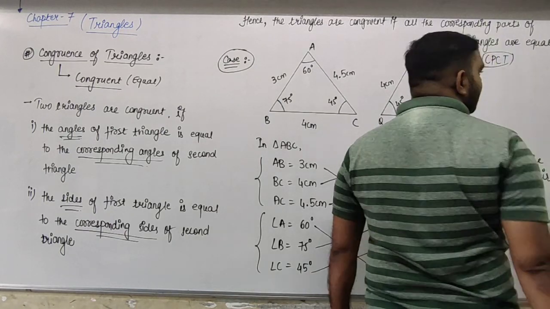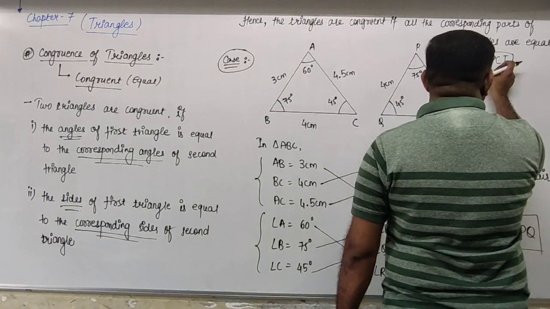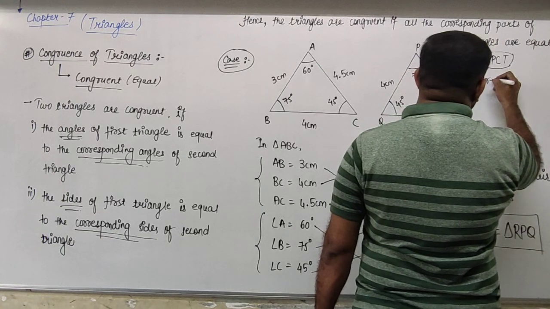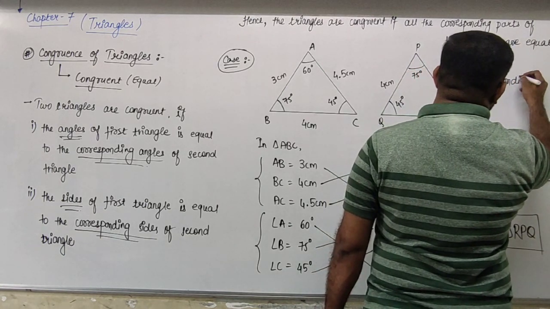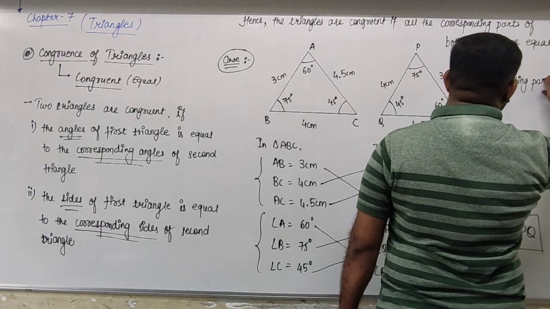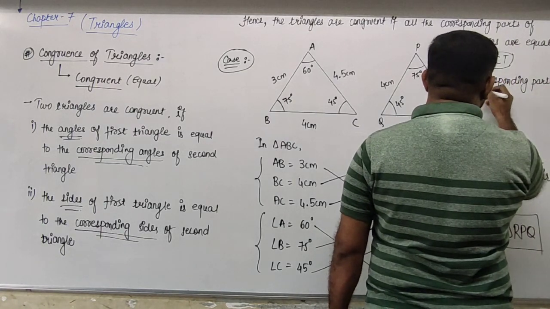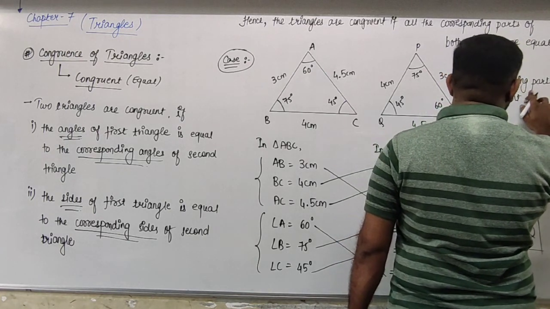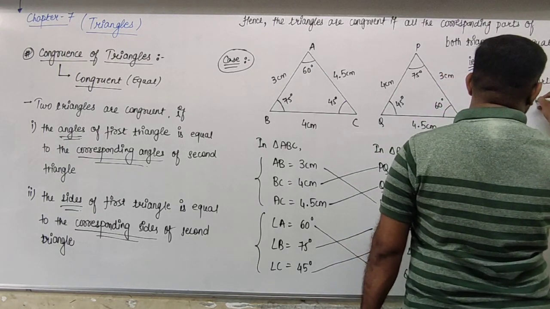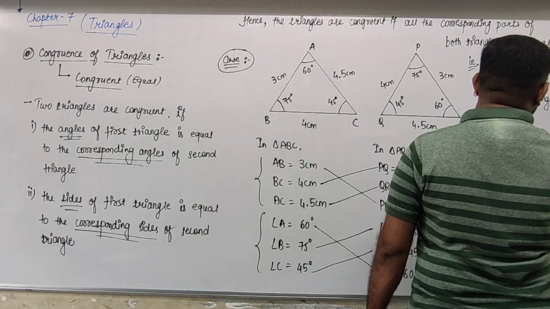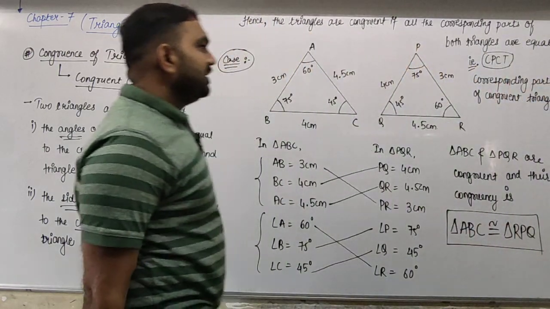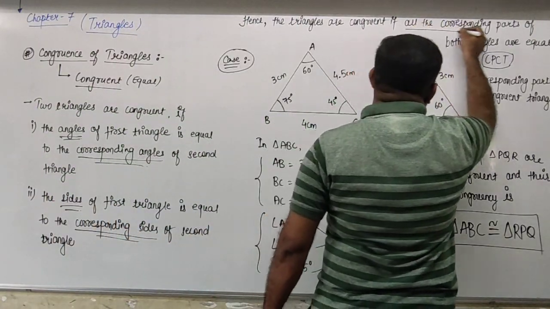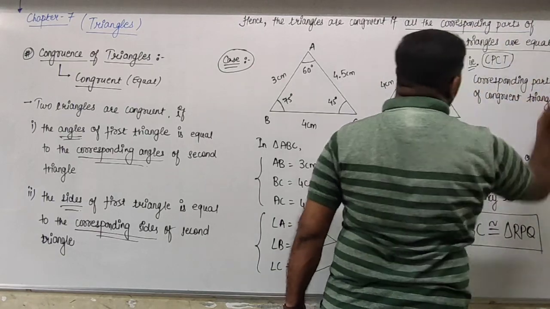Most important thing, again I am saying most important thing, that is corresponding parts of congruent triangles. That is the short form of CPCT. Hence the triangles are congruent if all the corresponding parts of both triangles are equal.